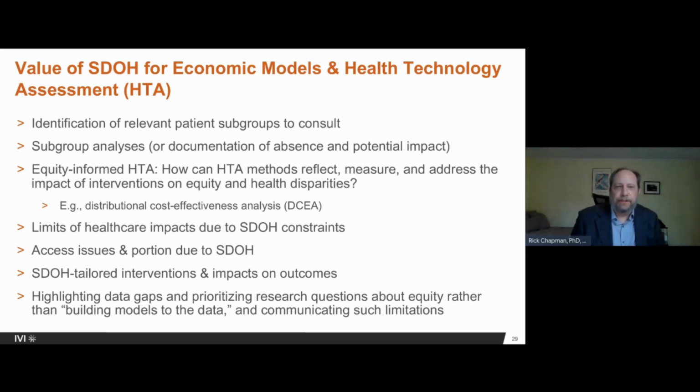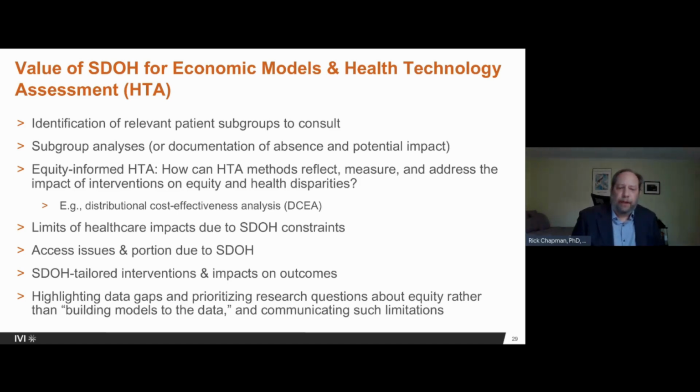Access issues I mentioned, and how we can address those. One of the things that we're interested in looking at IVI is, can we tailor interventions to address some of these social determinants of health and have bigger impacts on outcomes and really achieve the full potential of interventions by removing some of those barriers to getting that care.